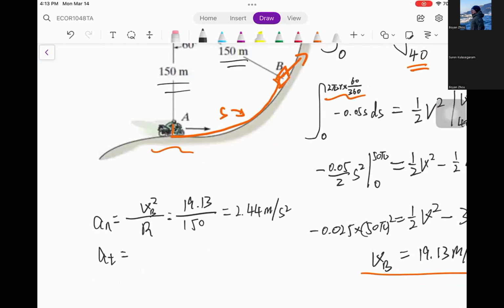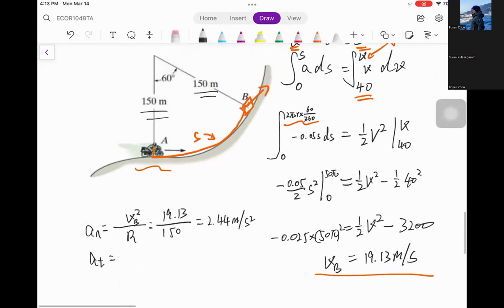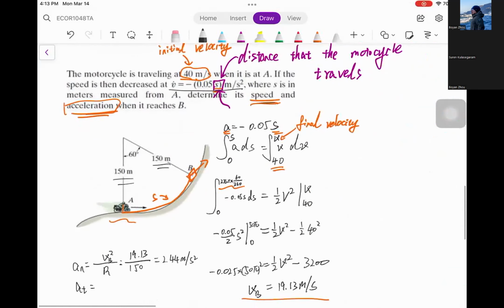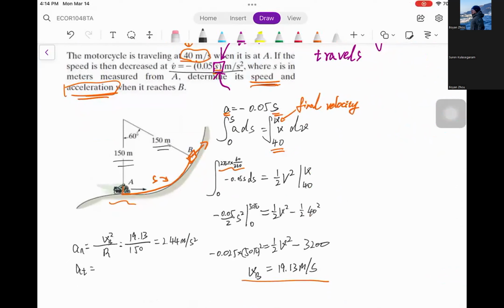And the tangential acceleration, so let me see. That is just going to be r times theta, like from the previous one. So it's gonna be 50 pi times 0.05.